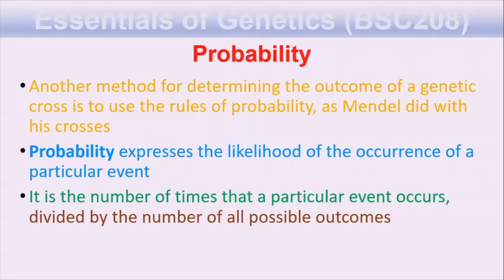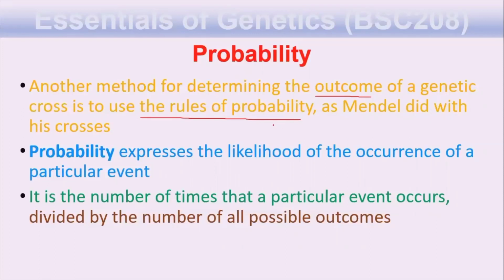So first of all, let us have a look at probability. Previously, if you remember, the Punnett square was used to describe the phenotypic and genotypic ratios of different crosses, and an alternate method for determining the outcome of a genetic cross is to use the rules of probability.